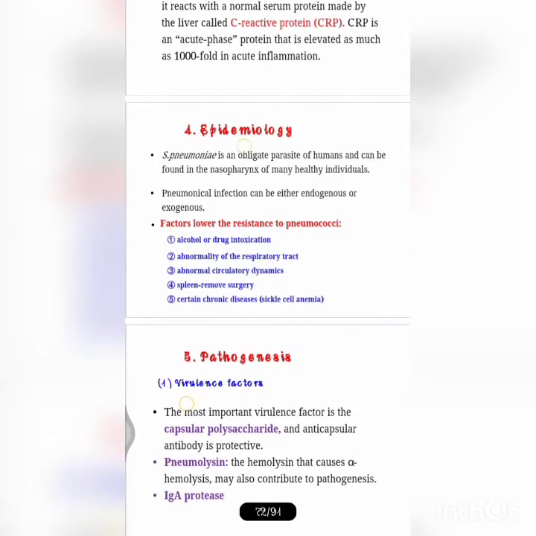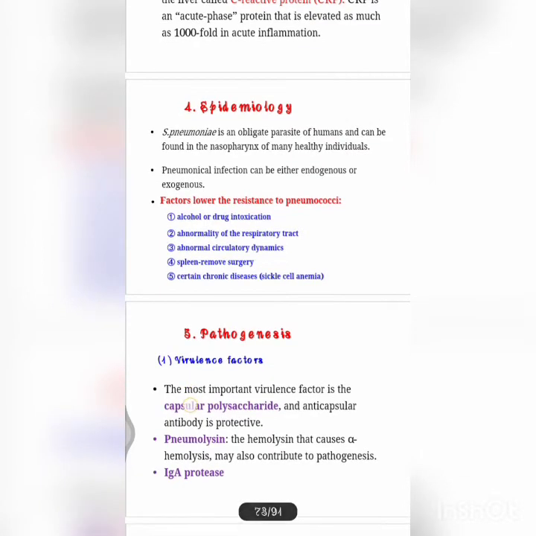It is an obligate parasite of humans, and can be found in the nasopharynx of many healthy individuals, but as their immunity is strong, it doesn't affect them. Whenever the immunity is weak, or in people with some risk factors, we'll see now. The pneumococcal infection can be either endogenous or exogenous. In a weak immune system, like in drug or alcohol intoxication, abnormality of the respiratory tract, abnormal circulatory dynamics, or spleen removal surgery, because the spleen is the main site for immunity.